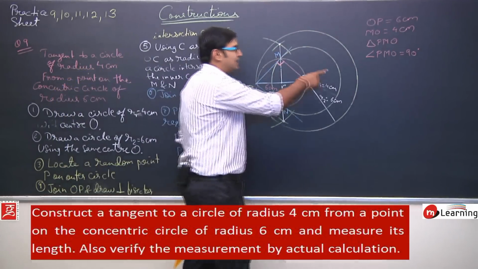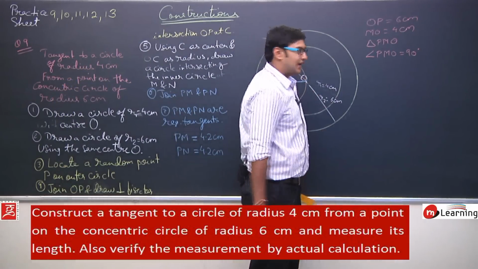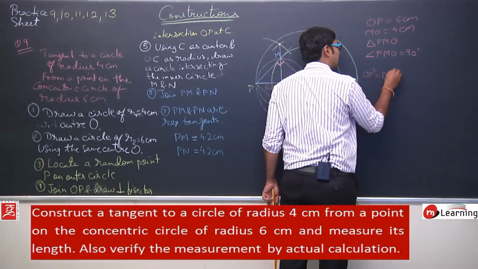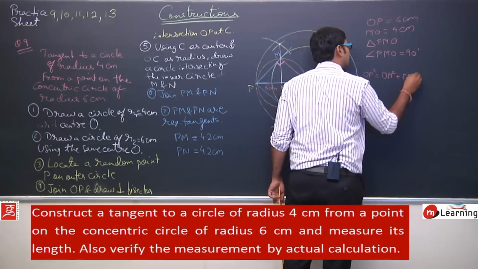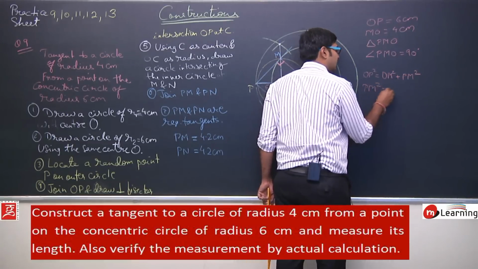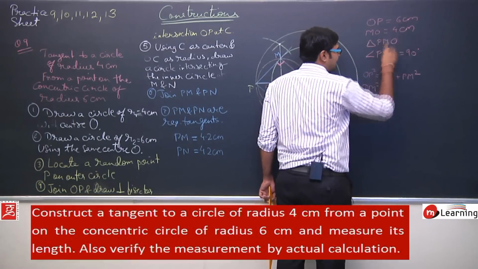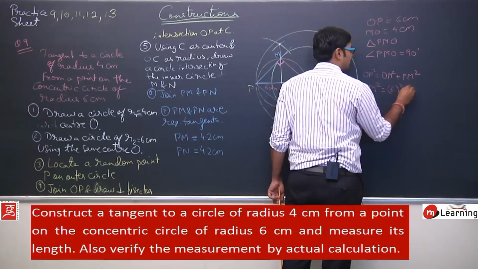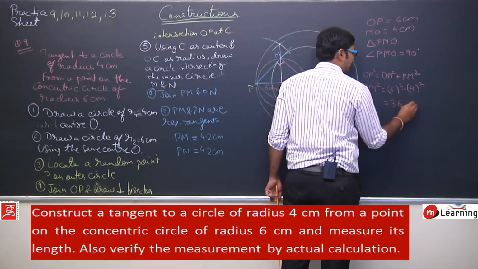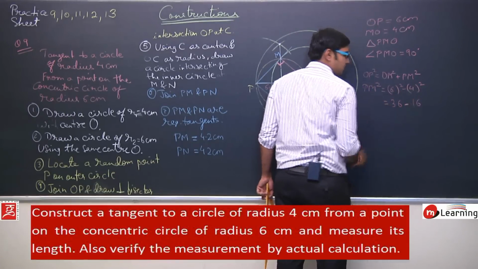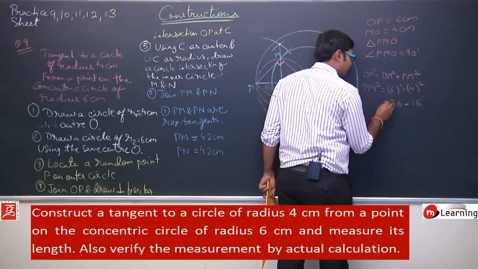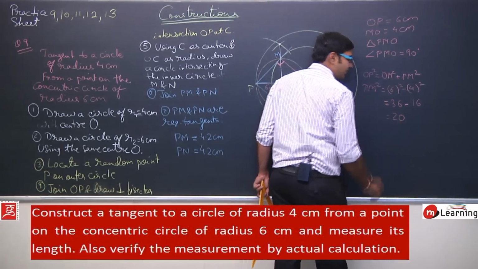So in this triangle I can apply the Pythagoras theorem, and I can write that OP square is equal to OM square plus PM square. So from this I will get PM square is equal to OP square, OP is 6 centimeters, so 6 square minus 4 square. So this will give you 36 minus 16, which is 20.